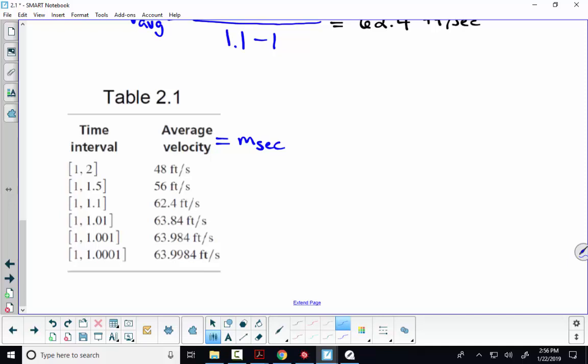What we're looking at is that the time interval is getting smaller and smaller, right? From 1 to 2, from 1 to 1.5, to 1.1, etc. We're getting closer to 1 in the sense of the time interval. And does it look like the average velocity is approaching a specific unique number?